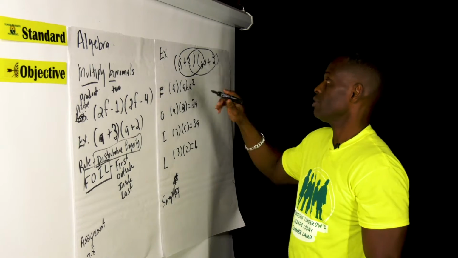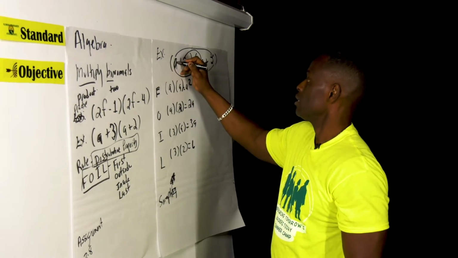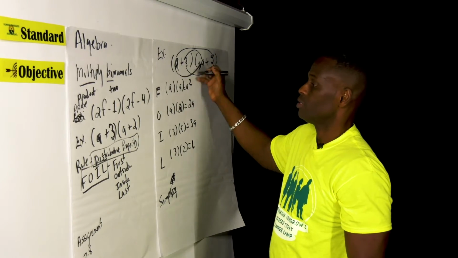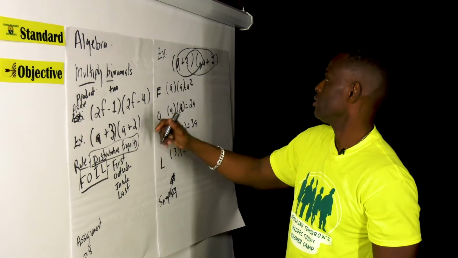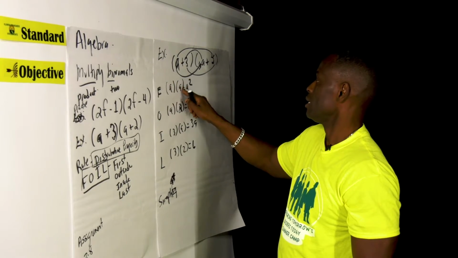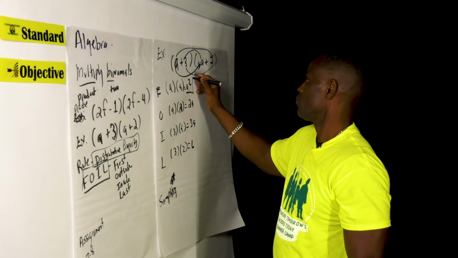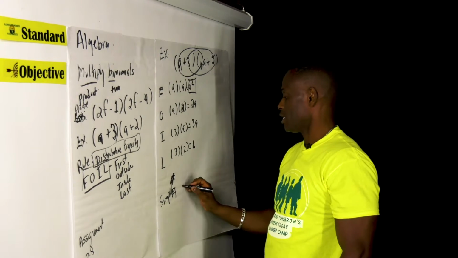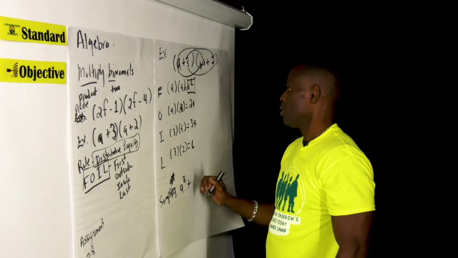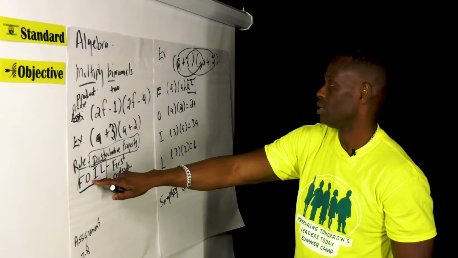So the first is we have an A here and an A in this one. We combine these, A times A, which equals A to the second power. So the first part we simplify is A squared, plus the outside.